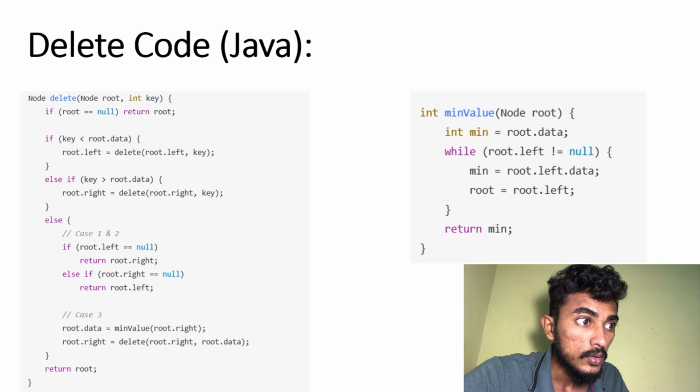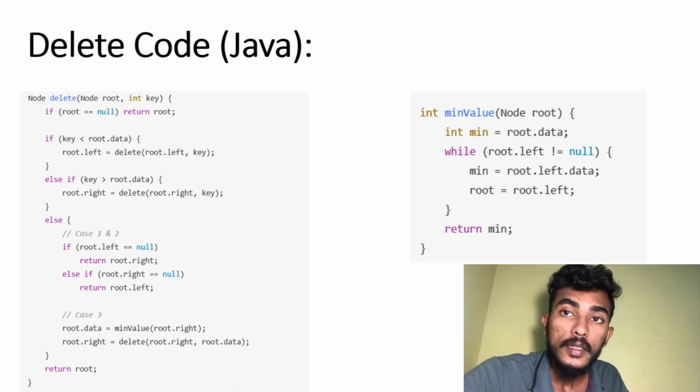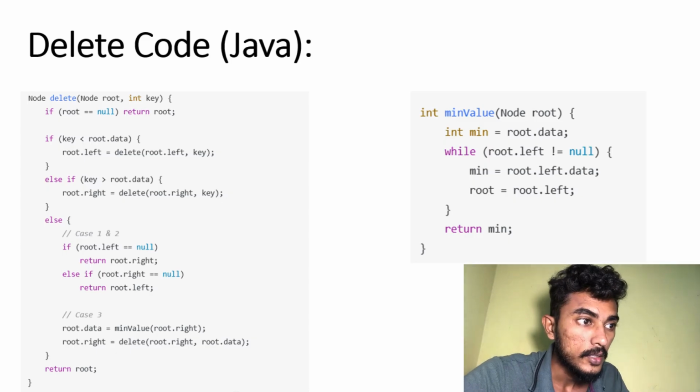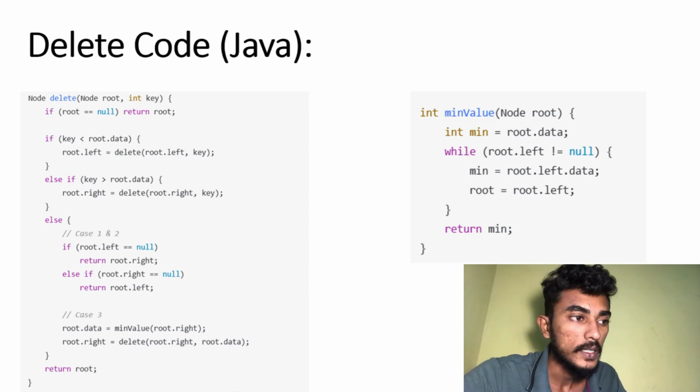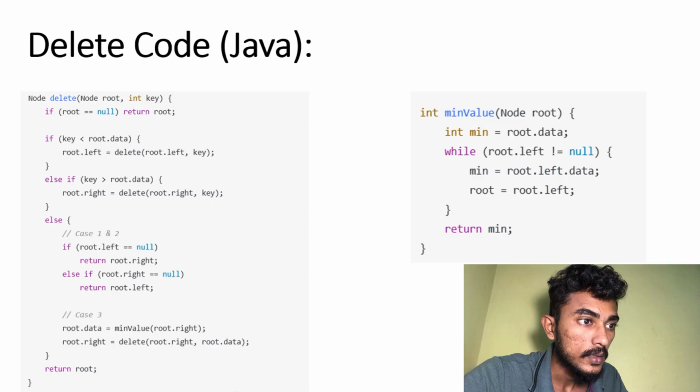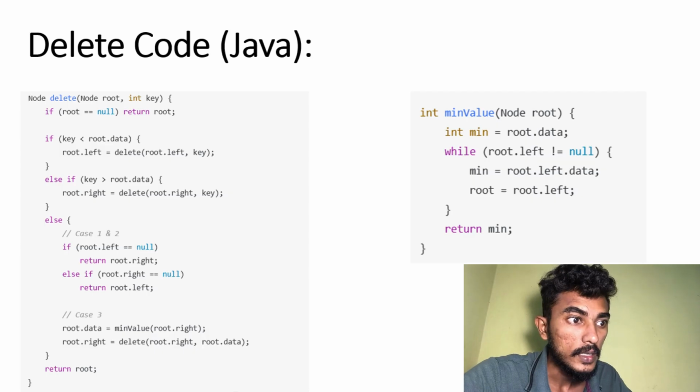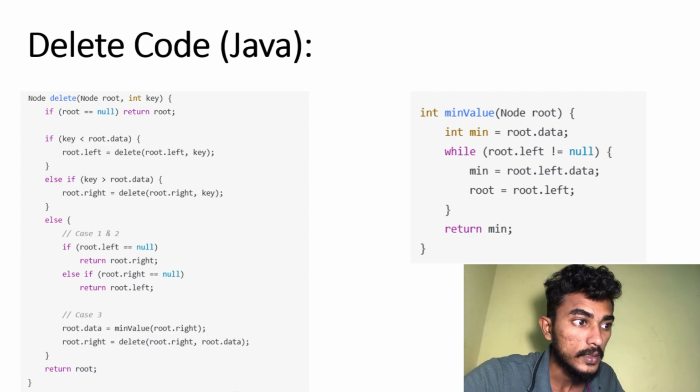Next, to delete the node we handle the three cases. The first and second are the leaf node and one child: if there is no left child, return the right child, else if there is no right child, return the left child. The last case is two children. We need to find the in-order successor, which is the smallest in the right subtree. This is the code implementation. We need to find the minimum value.